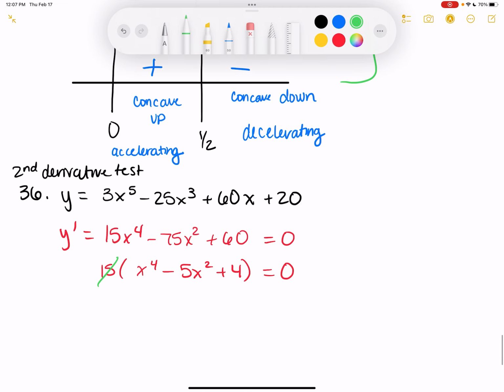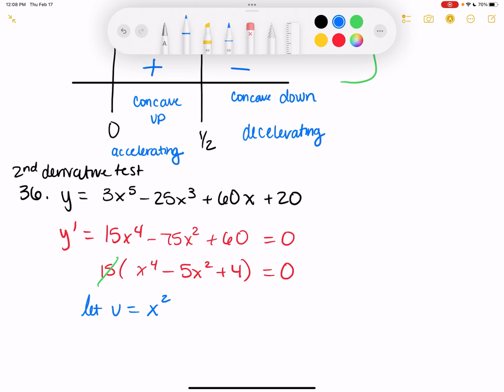So then I want to factor this. I'm going to show you a trick for factoring something like this in the event that it's not super easy to factor or you may not see exactly what's going on. It's called U-Substitution. You'll hear U-Substitution more in a different context later, but I'm going to say let u be equal to x squared.